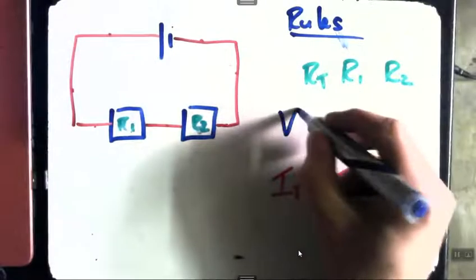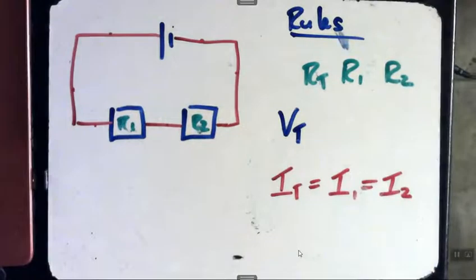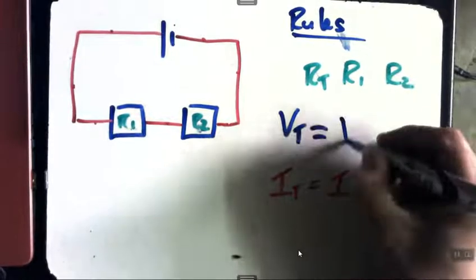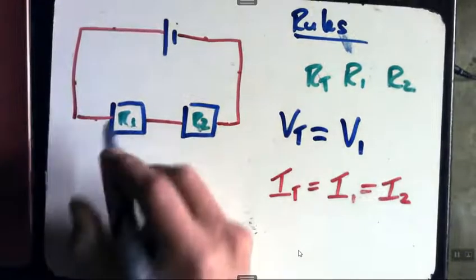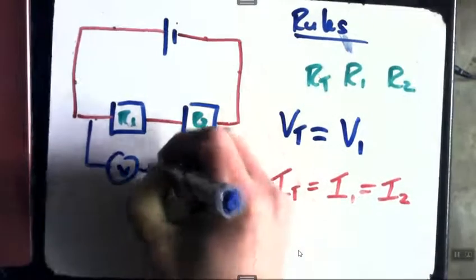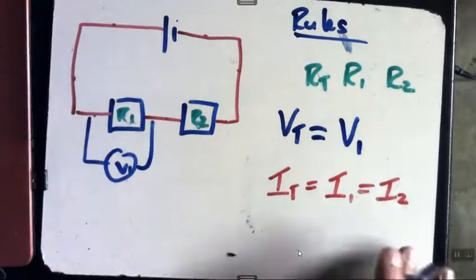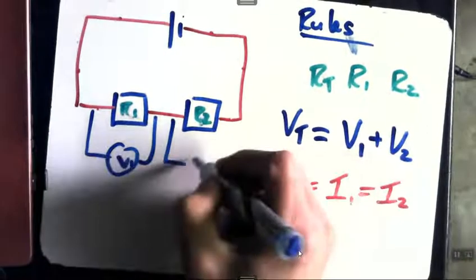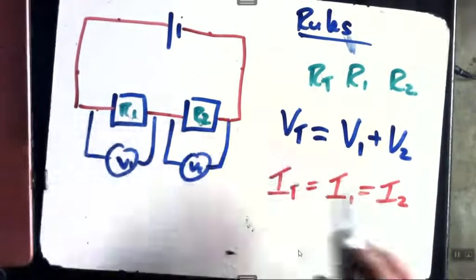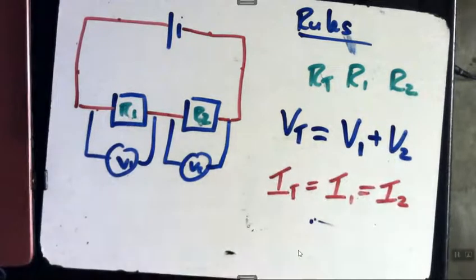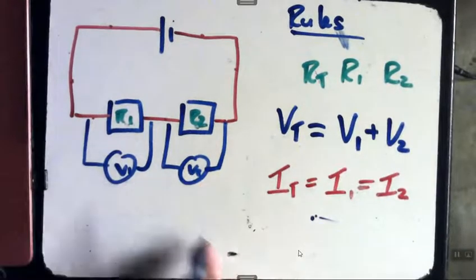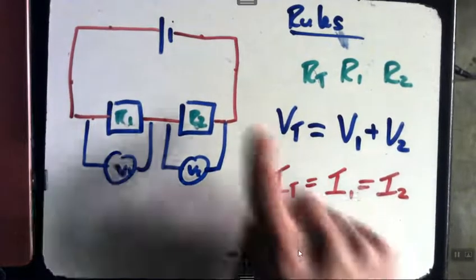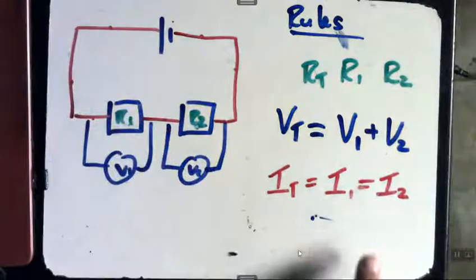So the voltage by the cell, the total voltage also called the EMF, is equal to the voltage over resistor 1 plus the voltage used by resistor 2. Now remember, this is true even if we don't measure it. We don't need a voltmeter to know that there's voltage there.